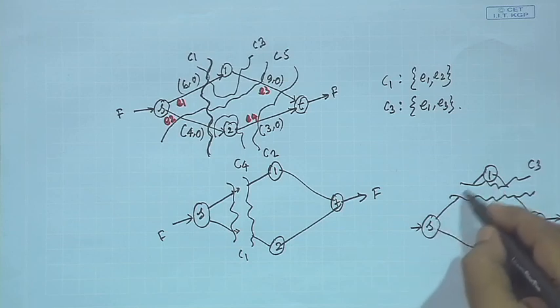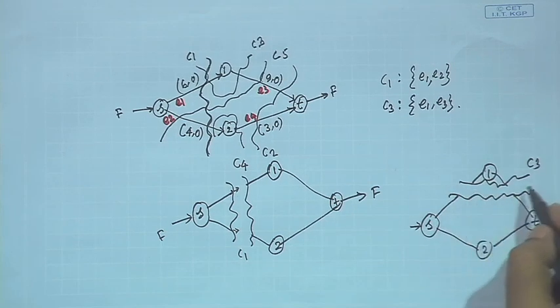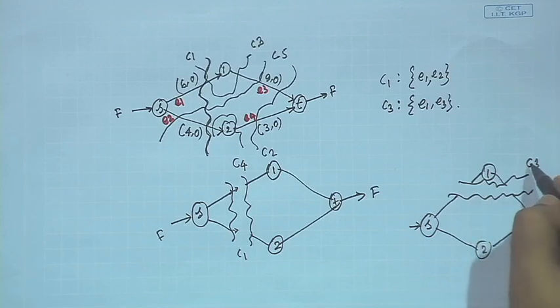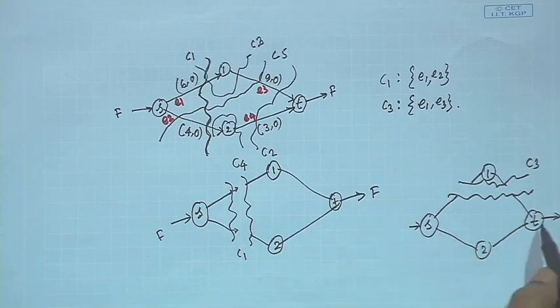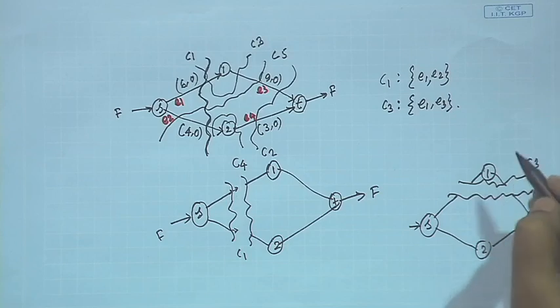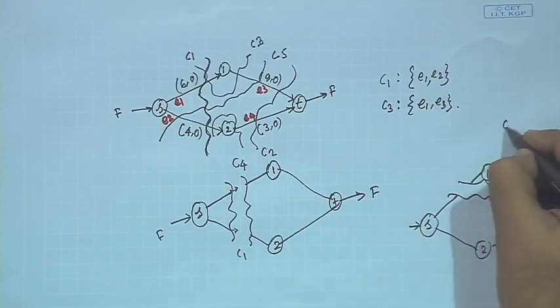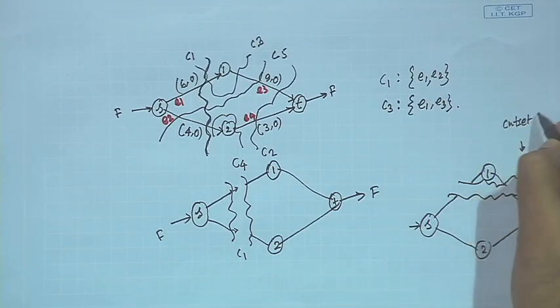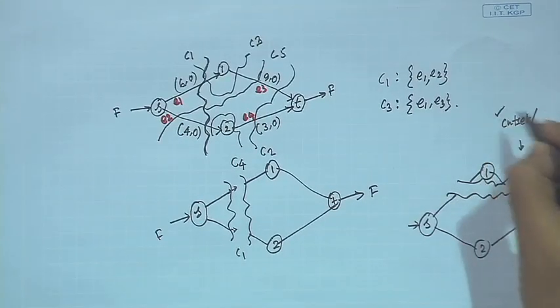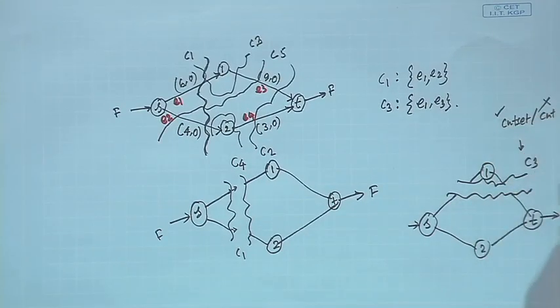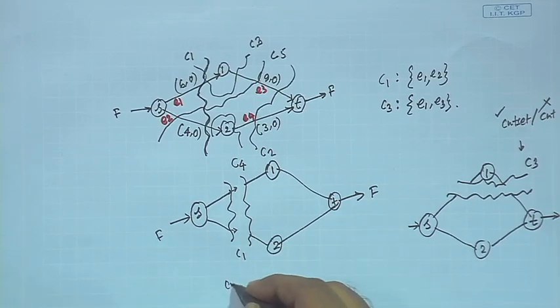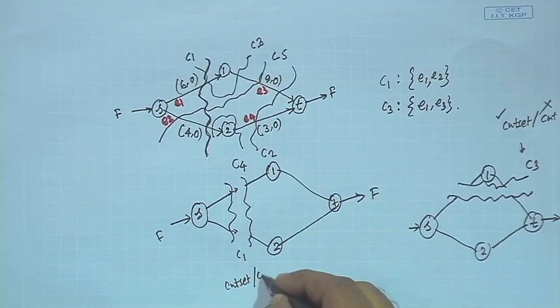Obviously, it cannot reach T through node 1, because node 1 is cut out by the cut set C3, but the flow can still reach from S to T. So, in that sense C3 is a cut set, but it is not a cut. It is a cut set, but not a cut. C1 is a cut set and it is a cut as well.